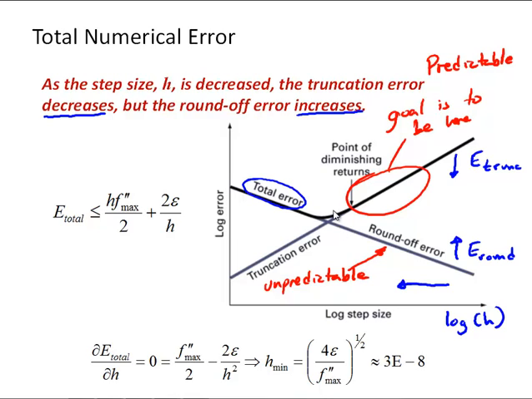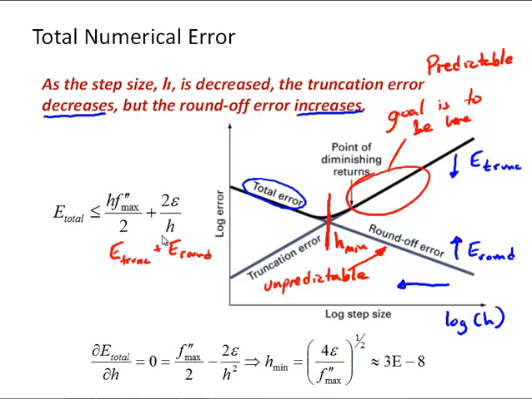So we can figure out where this cutoff is, call this h min, by looking at the total error. We know that the maximum total error is less than or equal to the truncation error plus the round-off error, where the truncation error is h f double prime over 2, and the round-off error we've shown is 2 epsilon over h maximum.